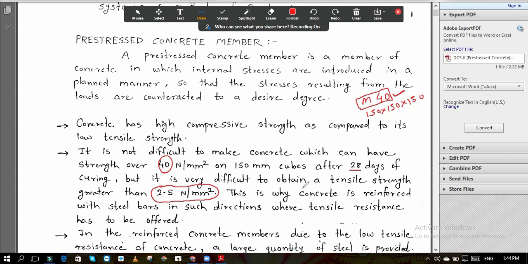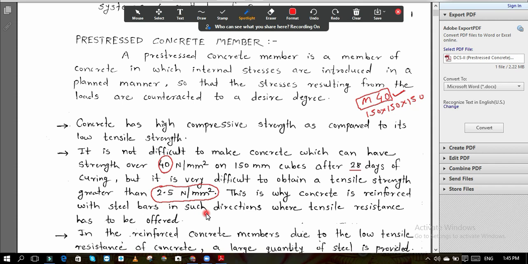This is why concrete is reinforced with steel bars in those directions where the tensile resistance has to be offered. So now you will get the answer to this question. We always see that in design, in every member, in every structure, you might observe that along with the concrete, steel bars are also provided.